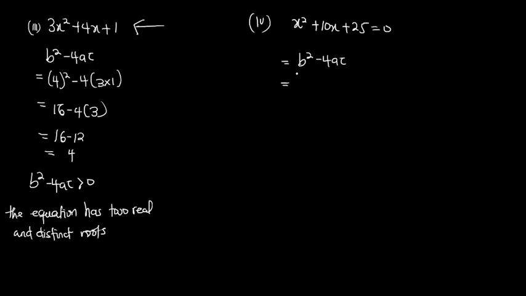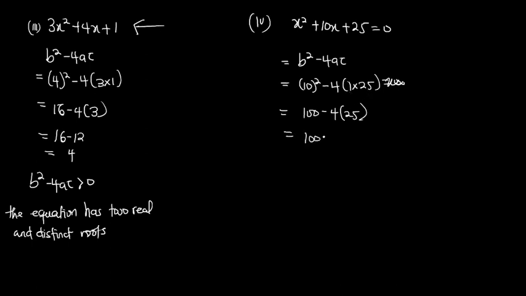Our b is 10, so we have 10 squared minus 4 into bracket. Our a is 1, our c is 25. So this is equal to 10 squared, which is 100, minus 4 multiplied by 25, that is 1 multiplied by 25 will give us 25.